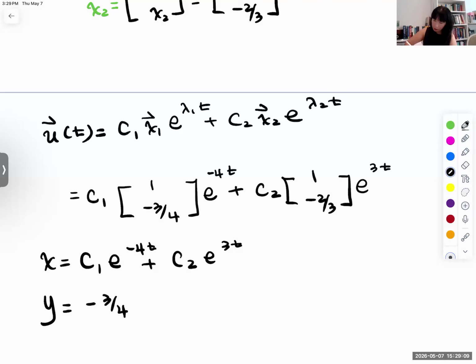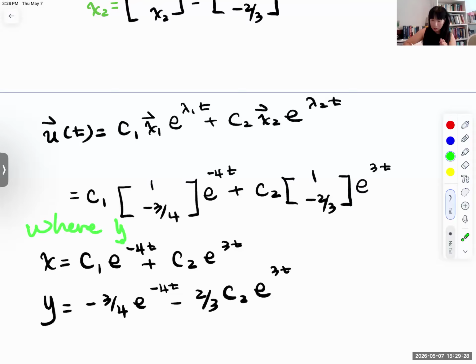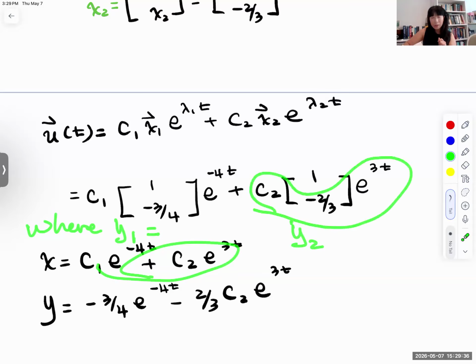Negative 3 over 4 e to the negative 4t and minus 2/3 c sub 2 e to the 3t. Yeah, remember? I said that earlier y sub 1 equals this and y sub 2 equals that.